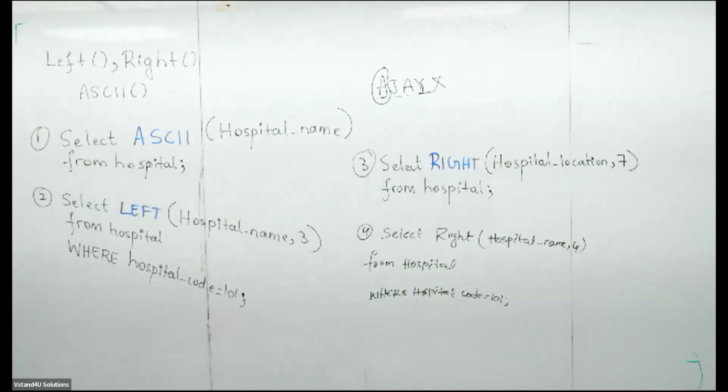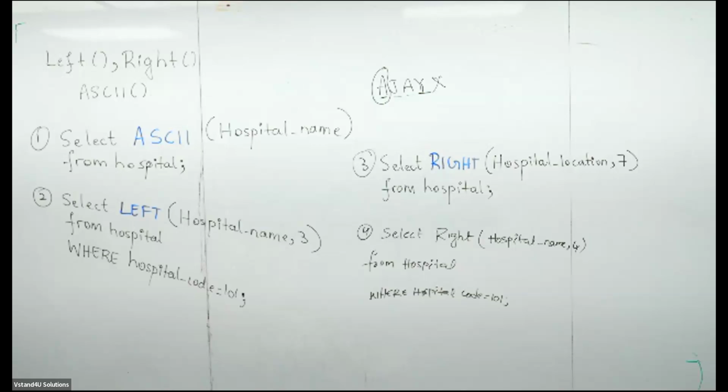What output will you get? Error. Why error? Because they are telling you to get the second character. As I said, ASCII will only fetch the first character value and not the second character value. Yes or no? But I said indirectly you can get the ASCII value. How?